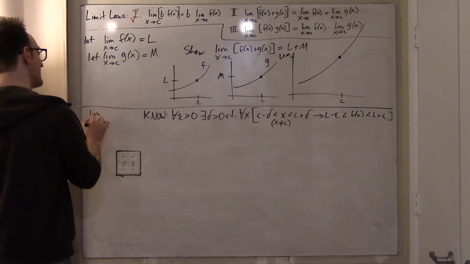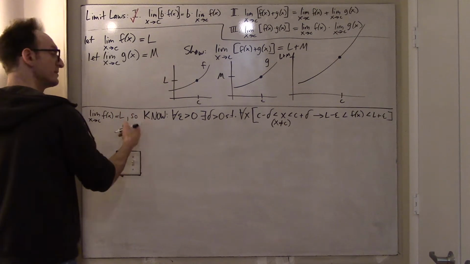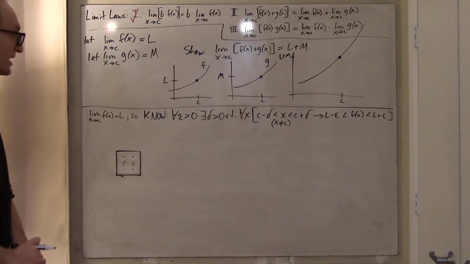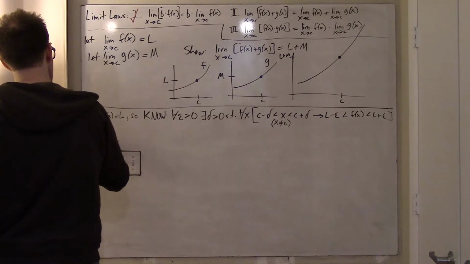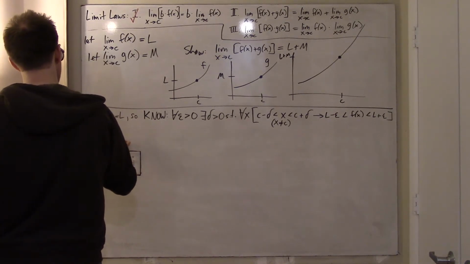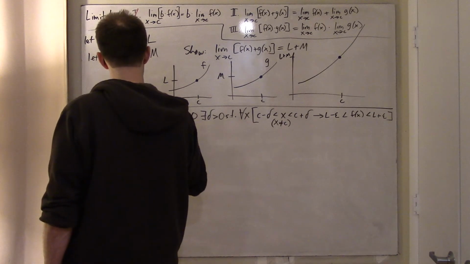So the limit as x approaches c of f of x is L. This is the definition, so I sort of know this already. And also, I know that the limit as x approaches c of g of x is m. So what do I know?